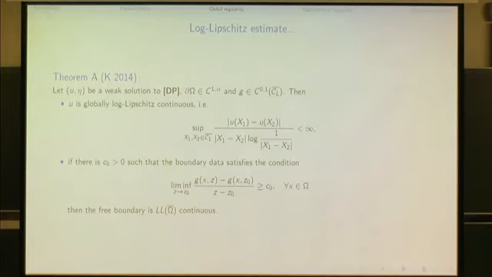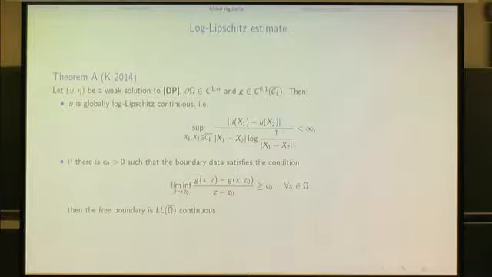And then, for this case, I will obtain log Lipschitz continuity up to the boundary for my solution. Moreover, if I assume that G, the boundary condition that lives on the cylindrical portion of the fixed boundary, is strictly monotone in the z direction, then in fact my solution will inherit that monotonicity, and I can show that the free boundary is log Lipschitz continuous. You can regard this free boundary as a graph over the base, and that graph is going to be exactly log Lipschitz continuous.